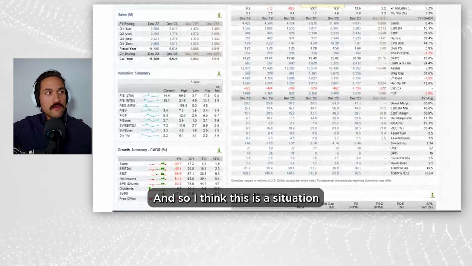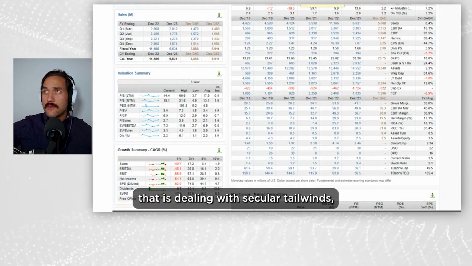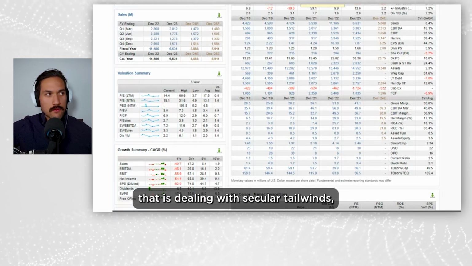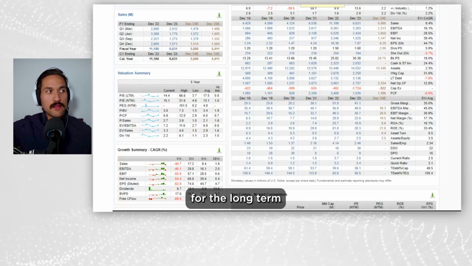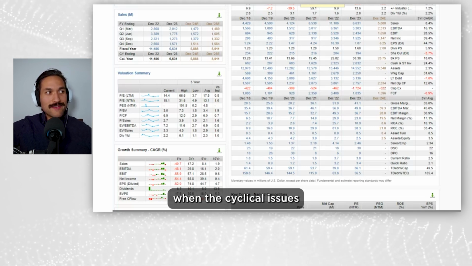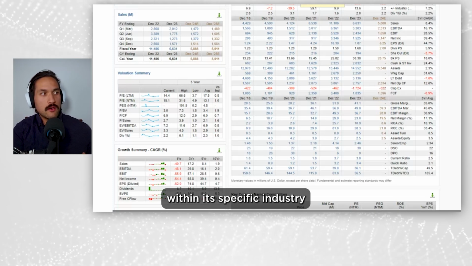And so I think this is a situation where, again, you have a good company that is dealing with secular tailwinds, but it could certainly be a good time to pick up for the long term when the cyclical issues that it is facing within its specific industry start to abate.